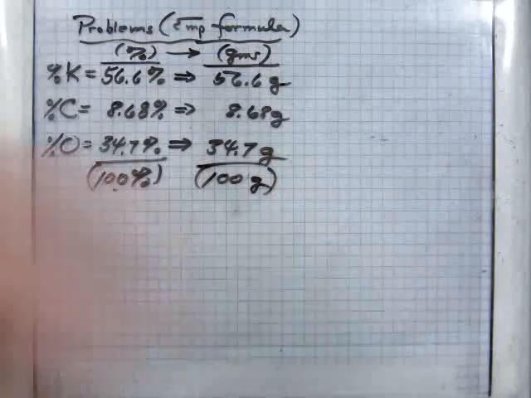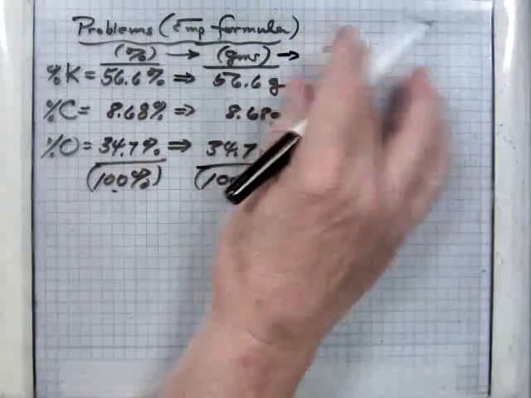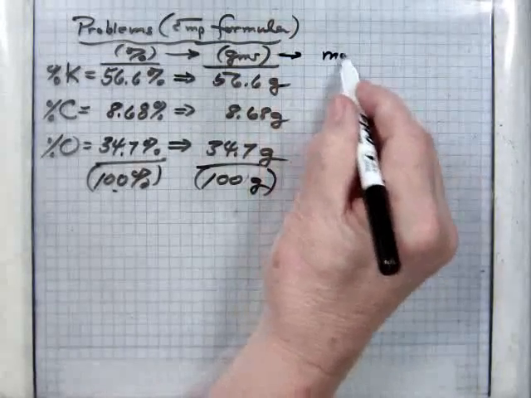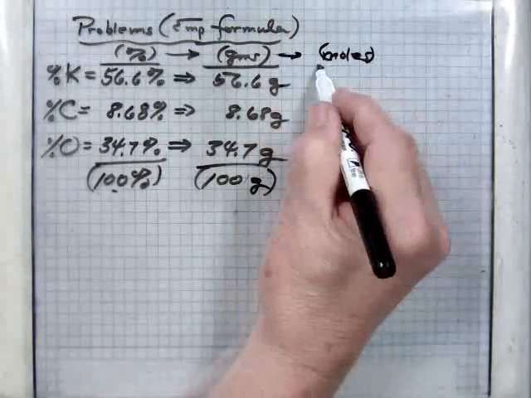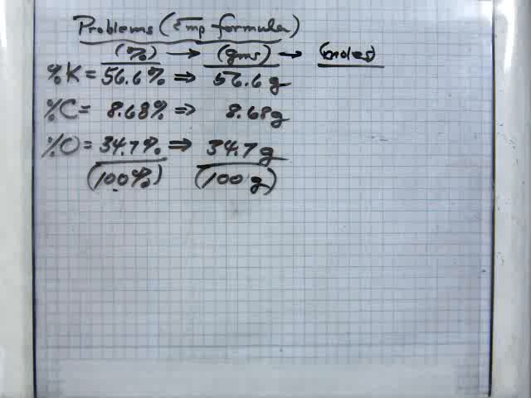Now, the next step in here is moles. I'm going to move that over just a little. Right here. Well, how do I go to moles, given grams? If you look back in your notes, it's divide by formula weight. And get used to that. Grams to moles, divide by formula weight.